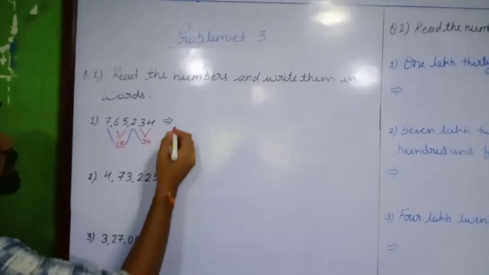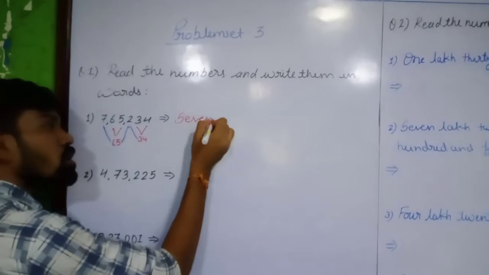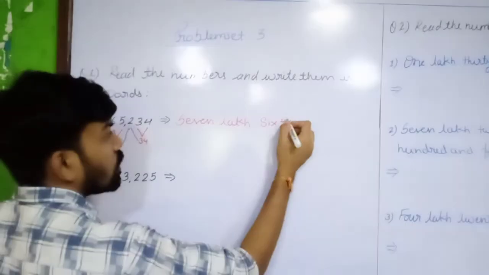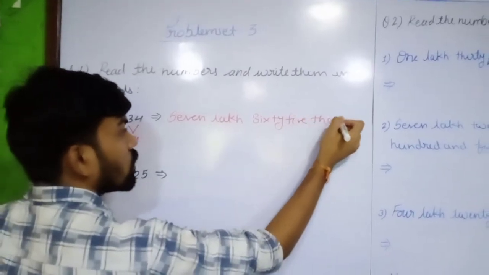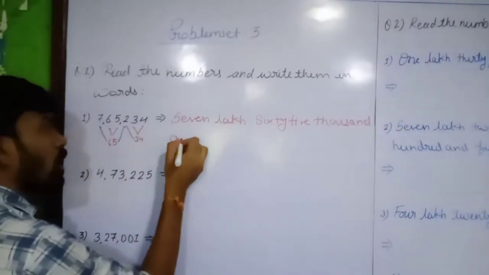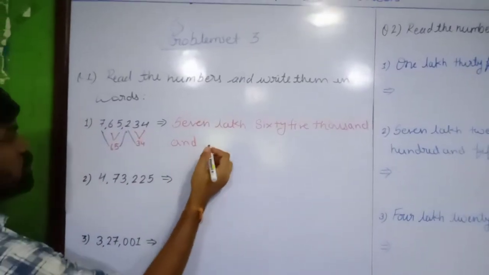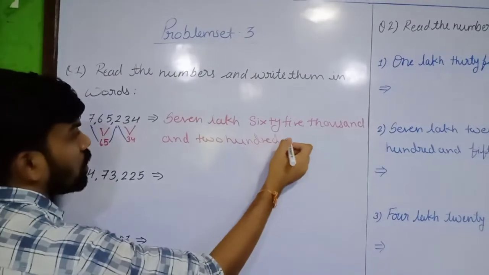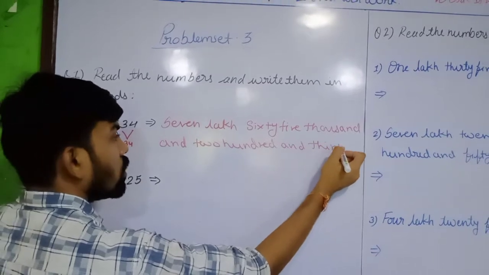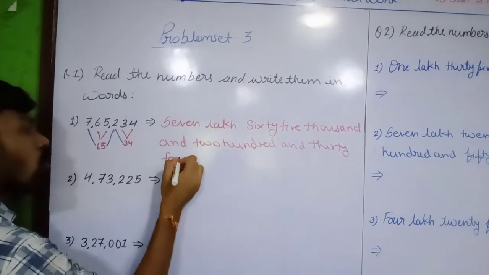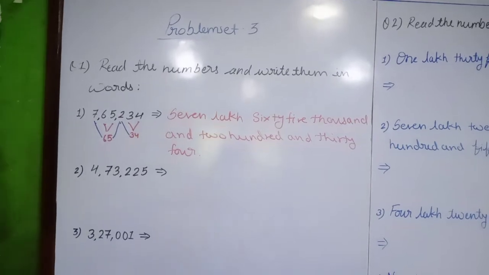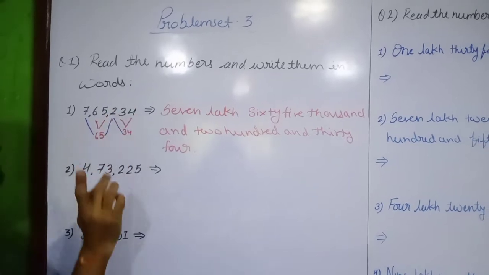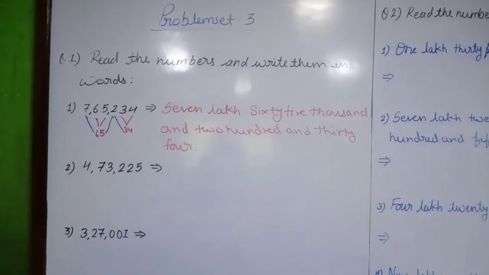Let's write 7,65,000 and 234. This way we can write 7,65,234.